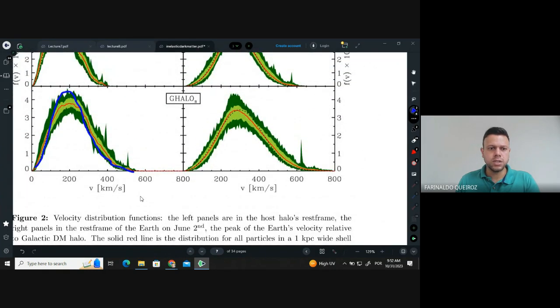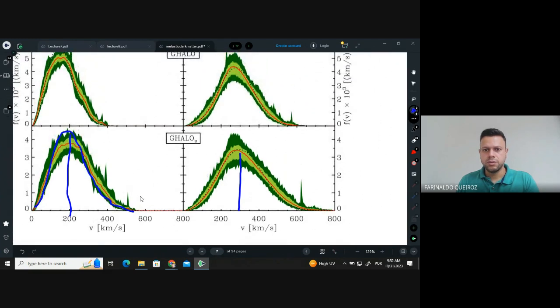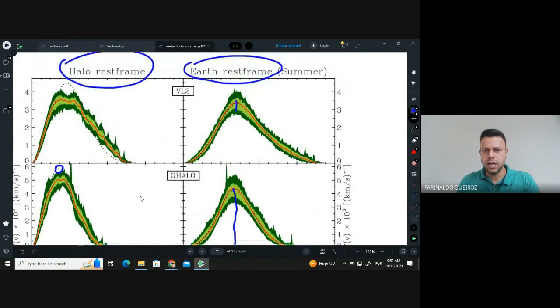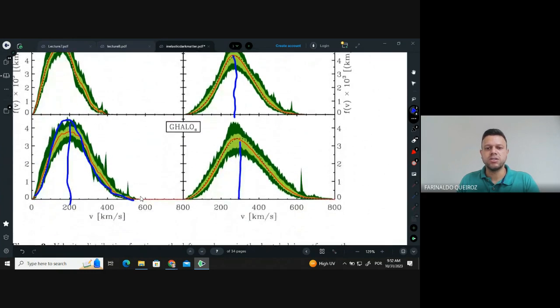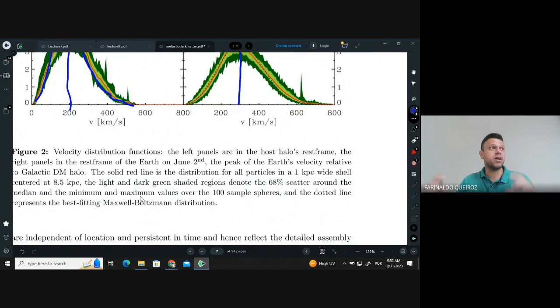You see the most likely velocity is around 200 something. At the sun location it is around 250, close to 240 or so. So the average velocity will be around this. When you take the average velocity by integrating the Maxwell-Boltzmann from v min to v escape, you get 200 something, 250.